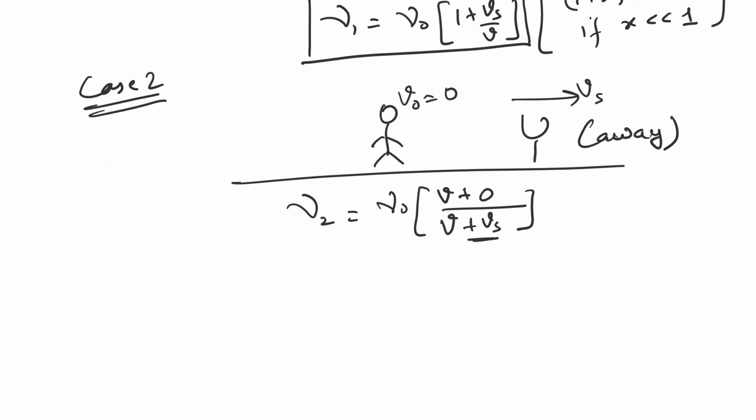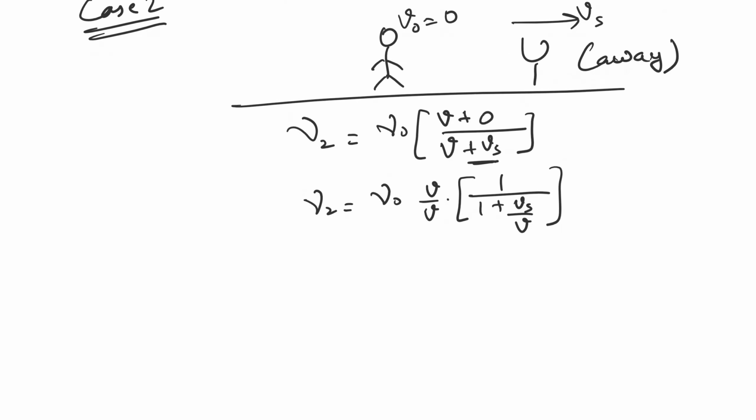Now again we'll take v common from the denominator. You will have nu naught v divided by v into 1 divided by 1 plus vs by v. Again take the denominator to the numerator, the reciprocal, and we'll get 1 plus vs by v to the power minus 1.